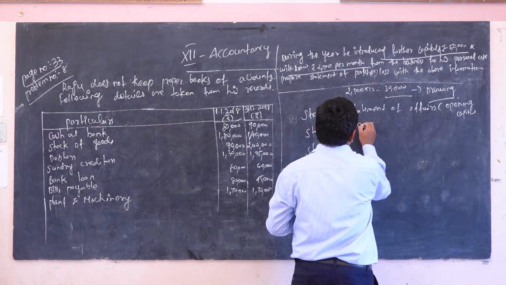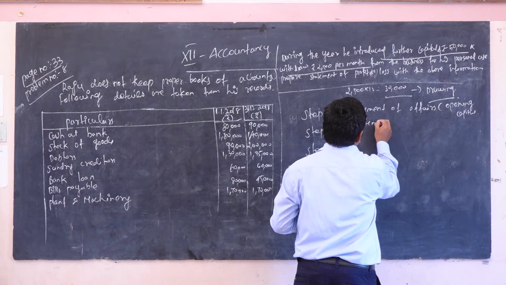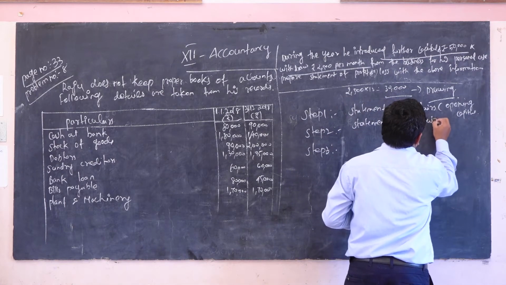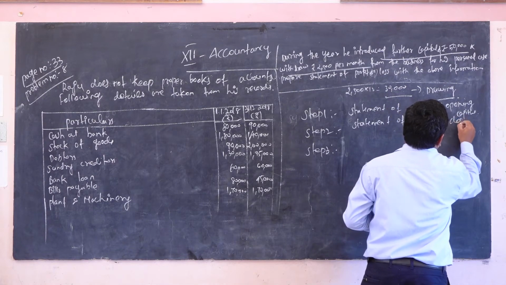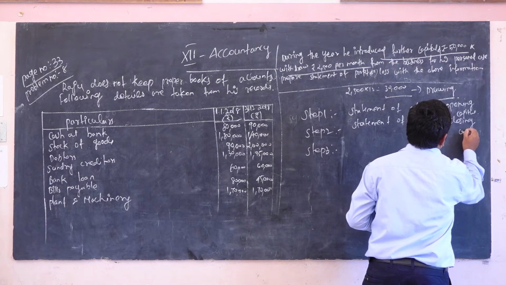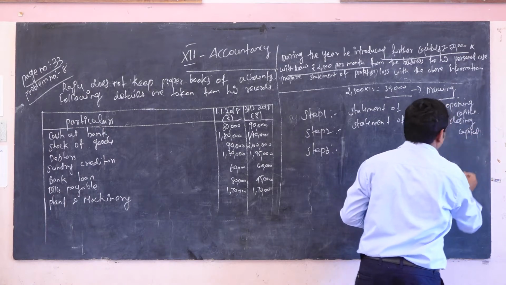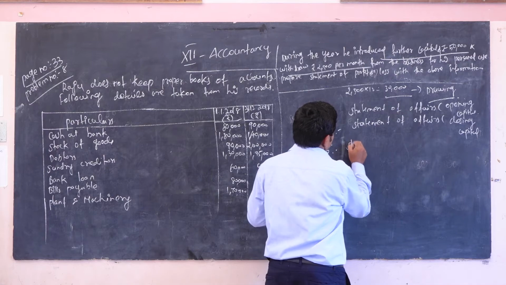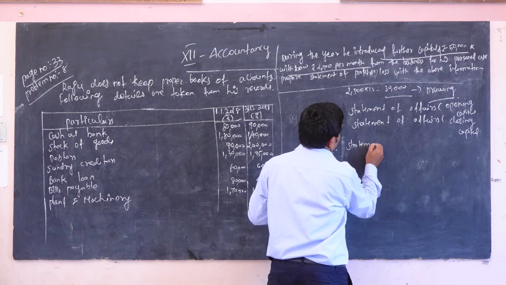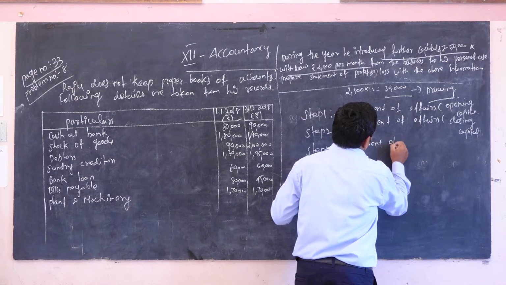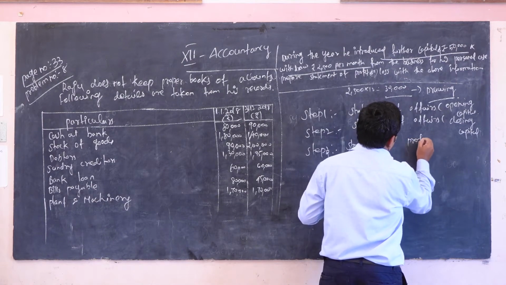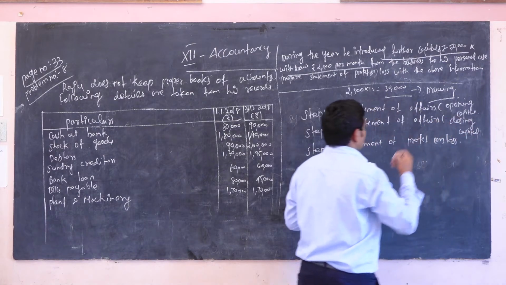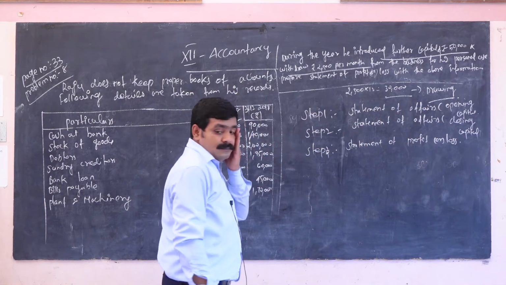Next one is statement of affairs 2, that is closing capital. Next one is step 3, that is statement of profit or loss. Okay, so I am going to solve the problem.